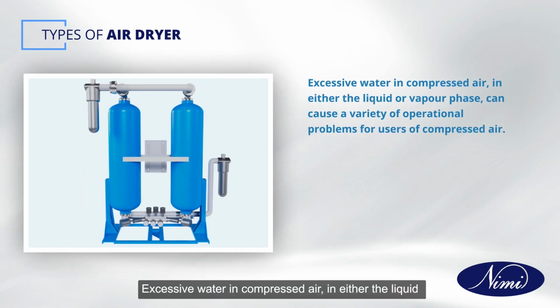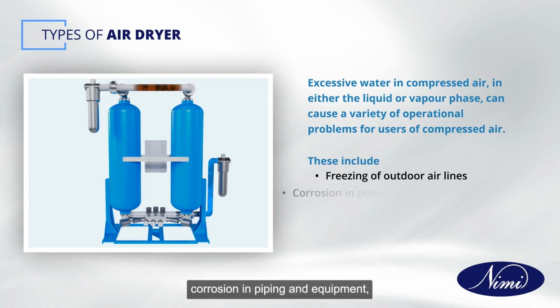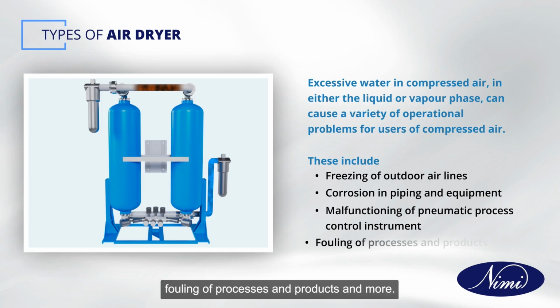Excessive water in compressed air in either the liquid or vapor phase can cause a variety of operational problems for users of compressed air. These include freezing of outdoor air lines, corrosion in piping and equipment, malfunctioning of pneumatic process control instruments, fouling of processes and products, and more.